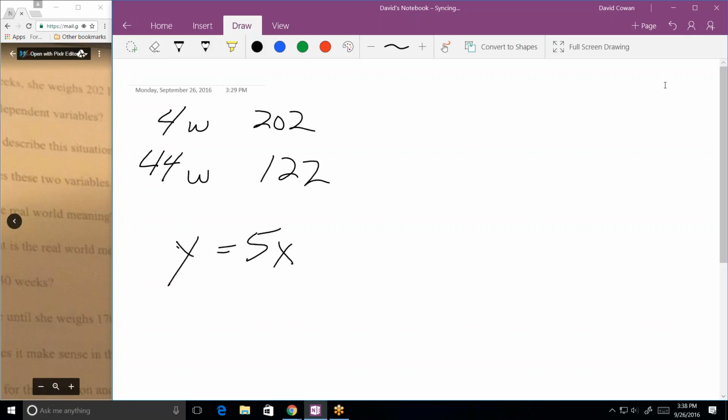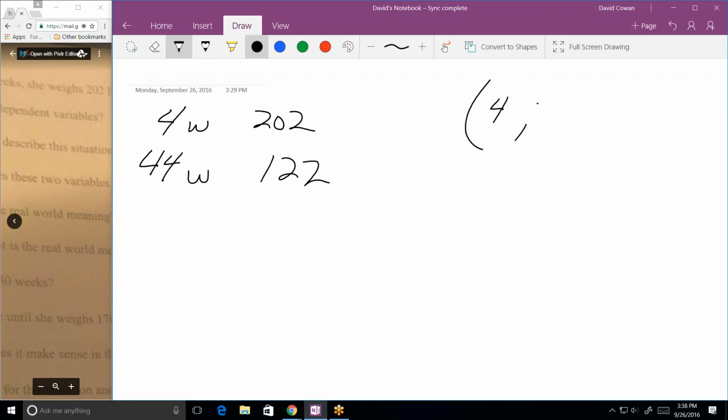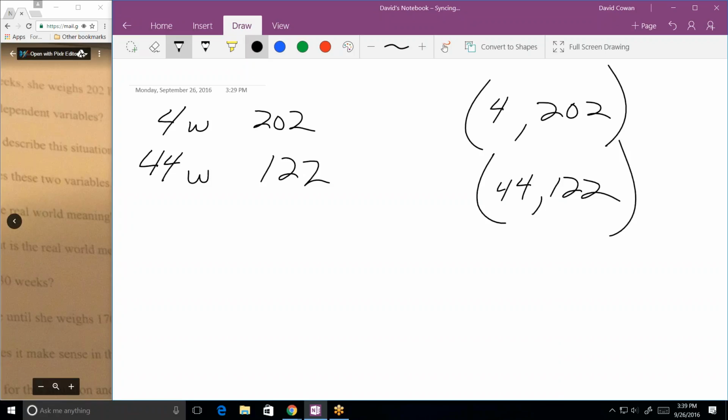Hold on. So we have 2 points, first of all. One is 4, 202, and another one is 44, 122. Well, if I told you you had an xy coordinate and you had those 2 points on them, come up with the equation of that line. And you're correct. Slope is the first thing. What's the slope?